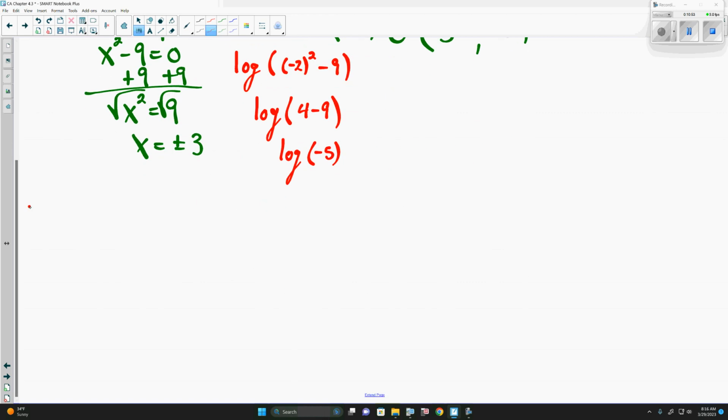Now, that seems like a very odd stipulation to have. But part of the reason for this is if we go about solving this, put both sides to the 10th power, we're saying 10 to what power is a negative number?